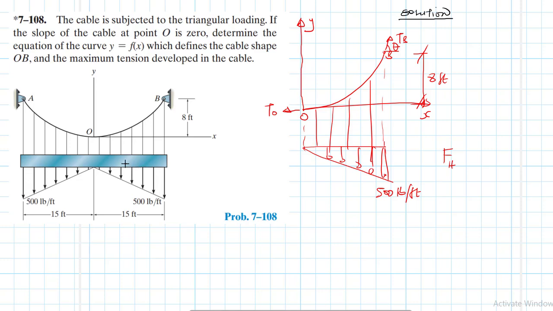In this case, a triangular loading, but it doesn't really matter. Like I'm saying, we can use the equations of equilibrium, but they can only determine the maximum tension. But let me use the other method, where we are going to still find the maximum tension as well as the equation of the curve y equal to f of x.